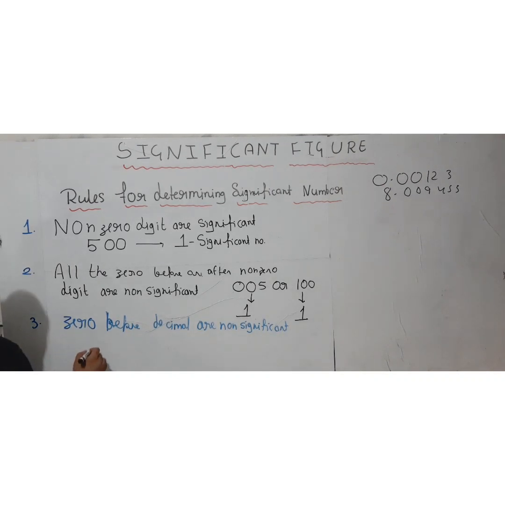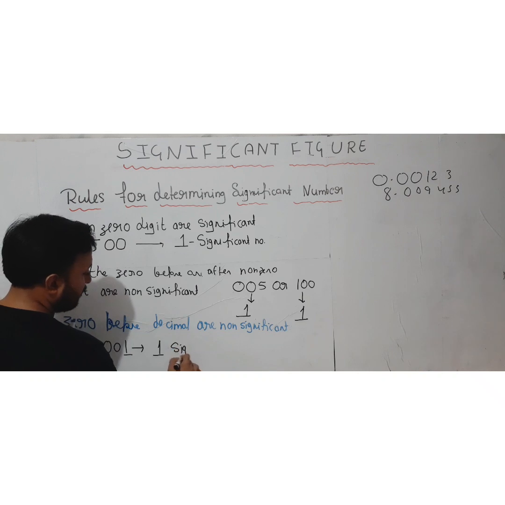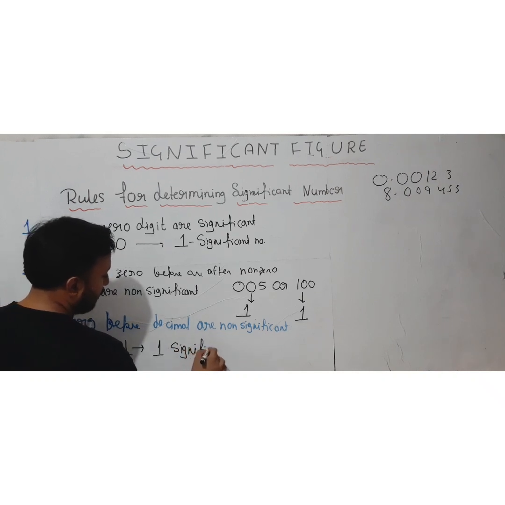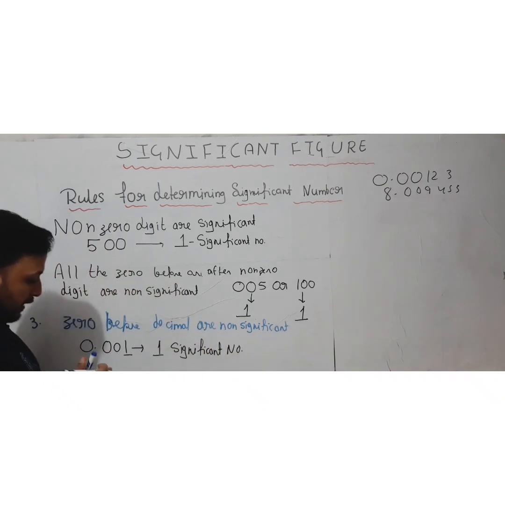If I write 0.001, then in this case all the zeros which are counted before the decimal are considered to be non-significant only. So only one significant number will be counted here. Okay, that is one significant number is going to be there. Okay, that is one thing.